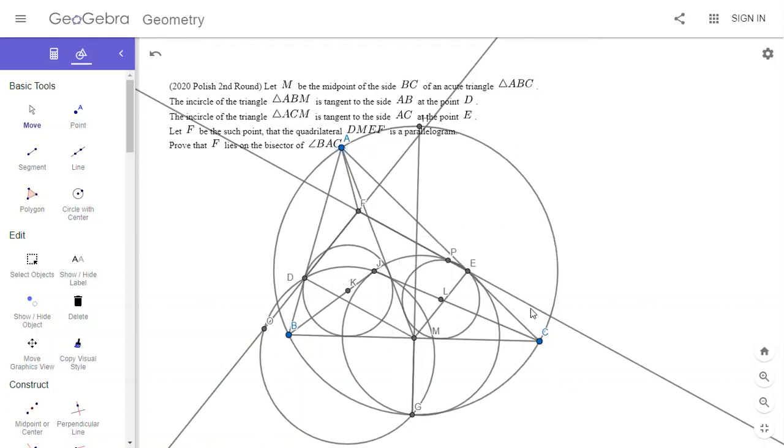Can I show ODEP is cyclic? That doesn't look so easy, but let's see. I think it's unlikely that that would work. It just seems like a tricky approach.